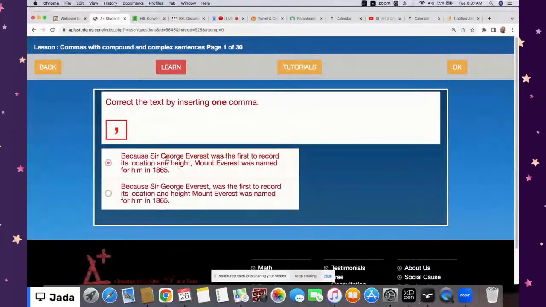So what do you think? Is it this one or this one? First you have to check, is it a complex sentence or compound sentence? After that you can figure out your answer. What do you think is your answer here?